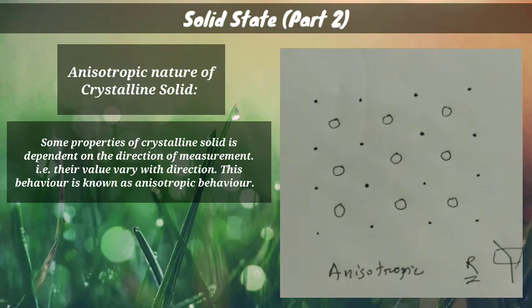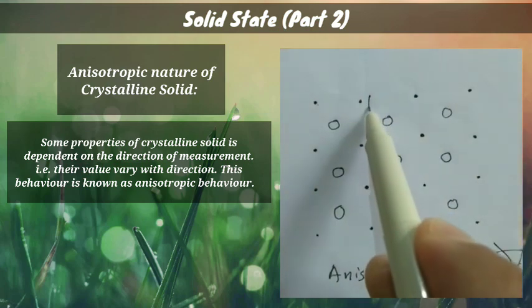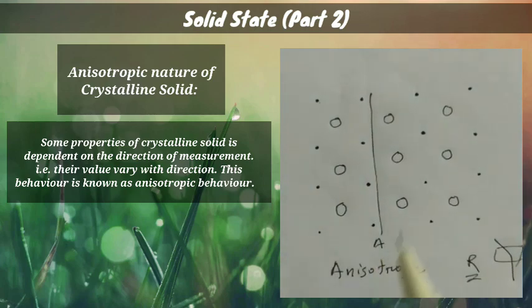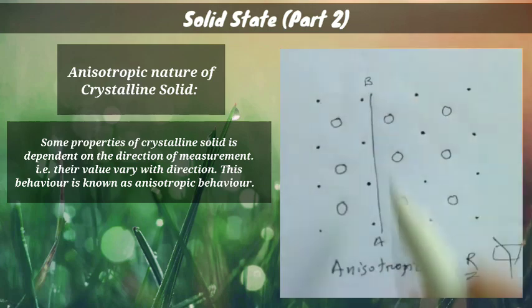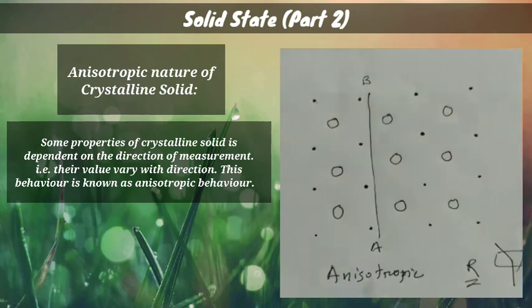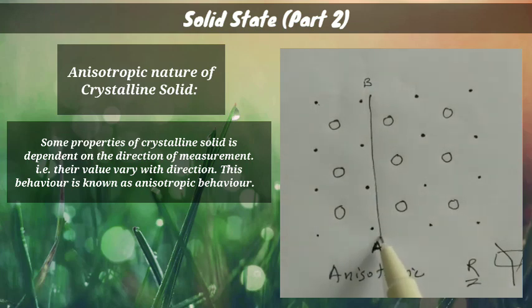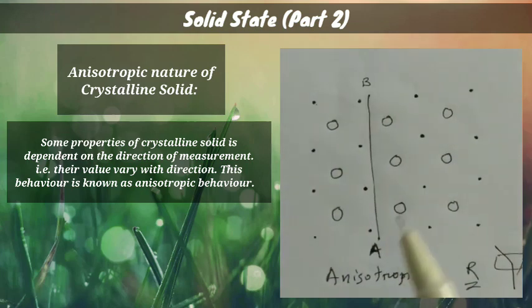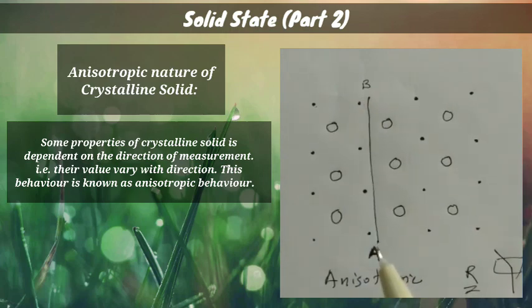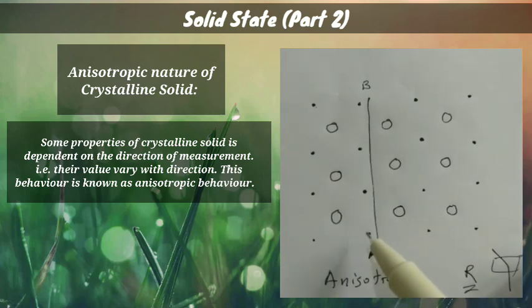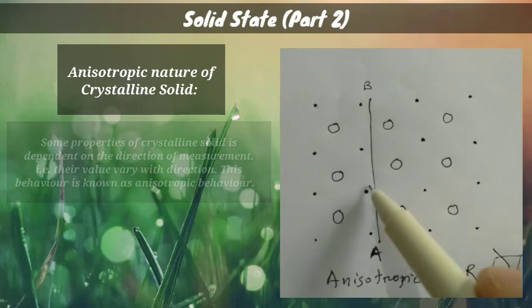Let's suppose we measure the resistance in this direction, from A to B. That means we pass an electron from point A to B. It will experience some repulsion or resistance from only these particles.